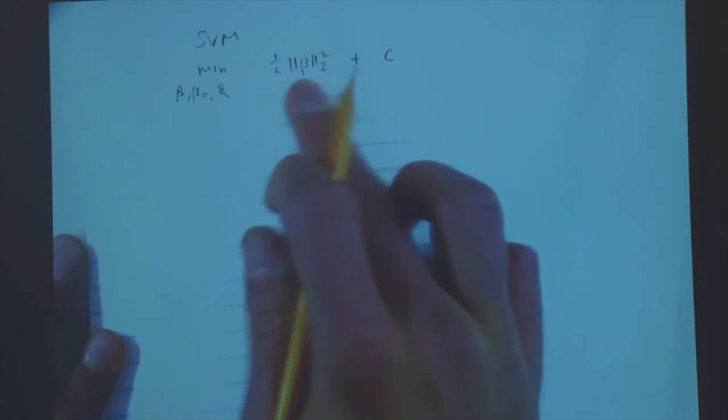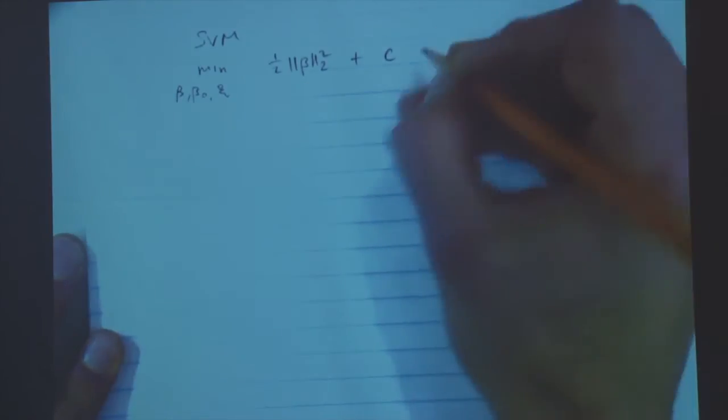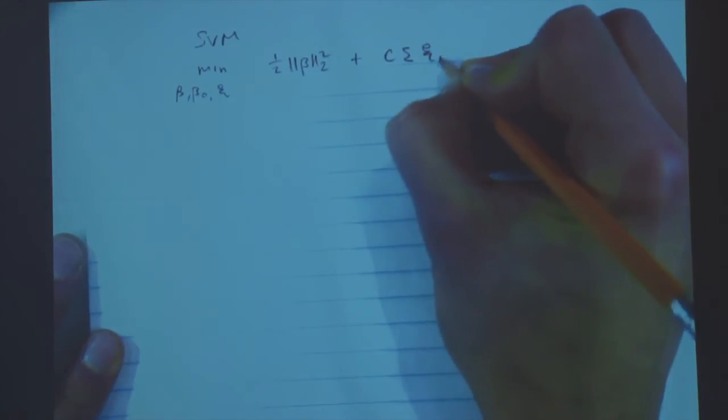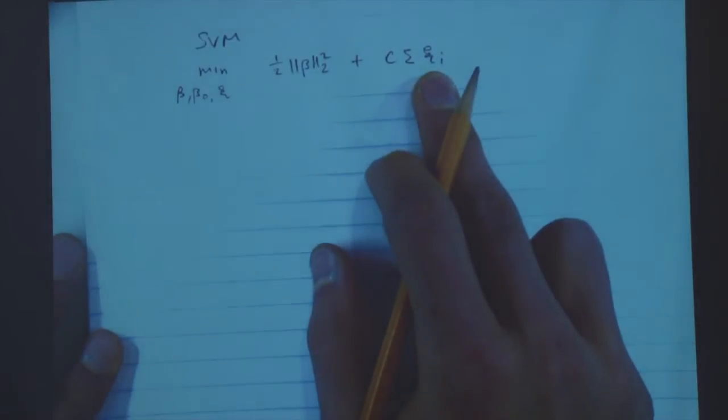So the criterion is to minimize the margin of the hyperplane, which ends up being the norm of beta squared, plus a penalty on having points on the wrong side of the margin. That's this psi i variable.